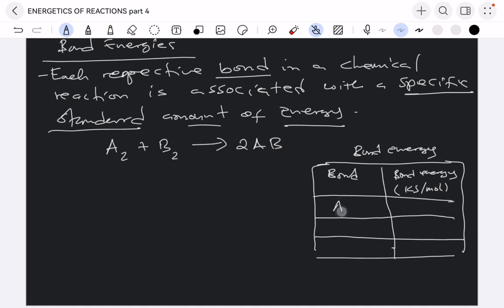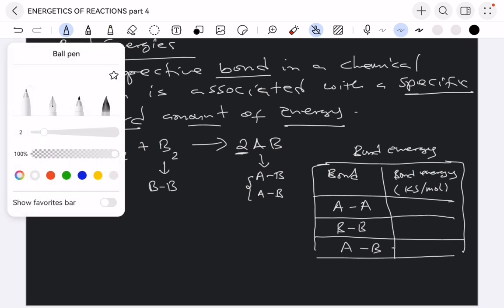So in this case, we'll look at the bond between A and A, the bond between B and B, the bond between A and B. So this can be written as A bonded to A, this can be represented as B bonded to B, then this can be represented as A bonded to B, but with a coefficient in front simply means that you have two of these.